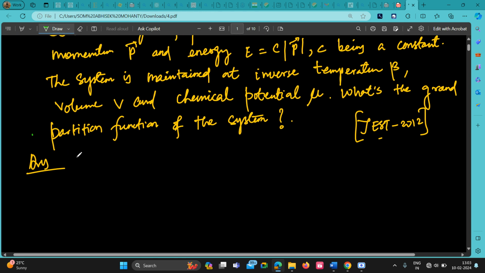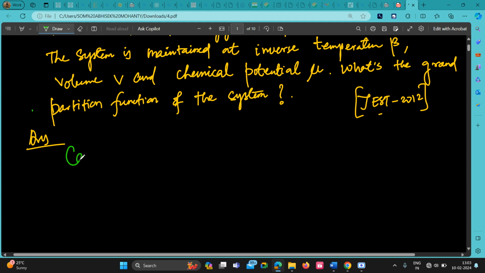First of all, what is the canonical partition function?